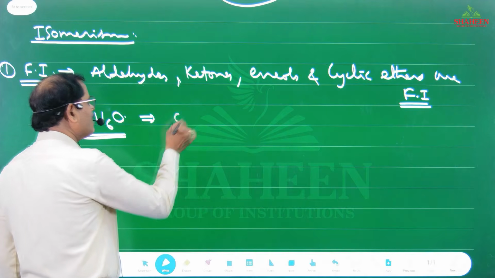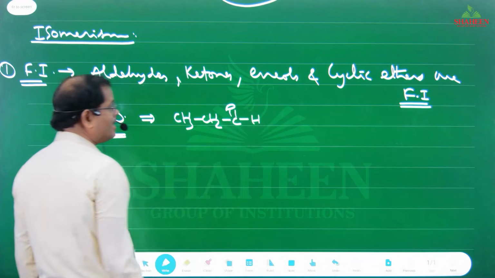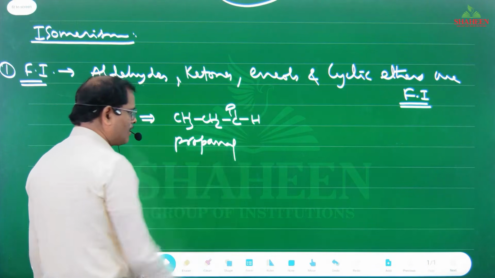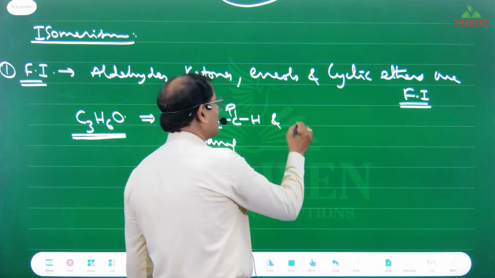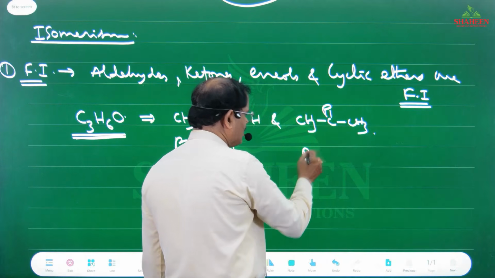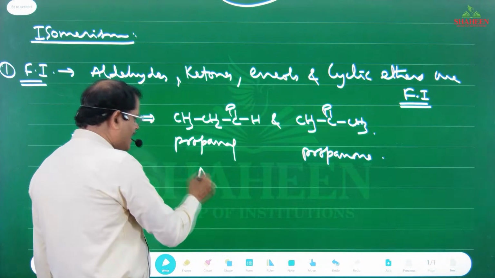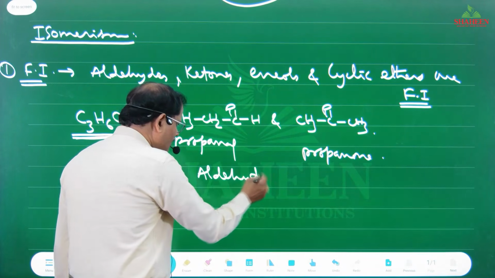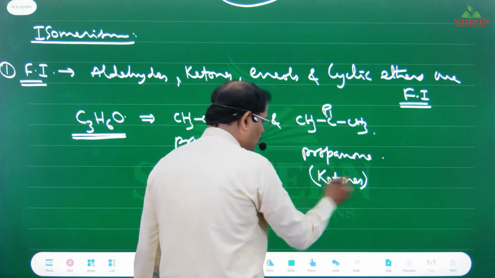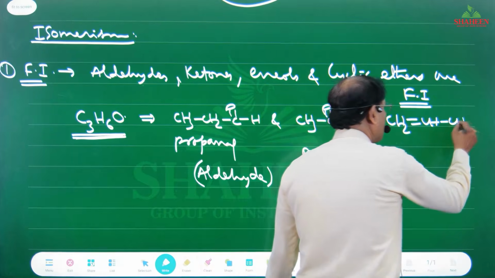That's why here we have CH3 CH2 C double bond O H, the aldehyde, propanal, and also we can write CH3 C double bond O CH3. This is called propanone. Propanal is an aldehyde, and propanone is a ketone, and we can also write CH2 double bond CH CH2OH.